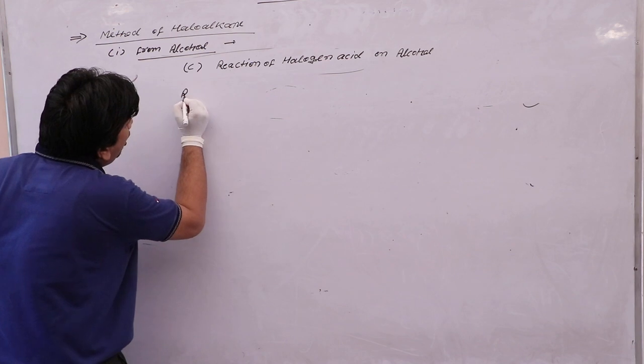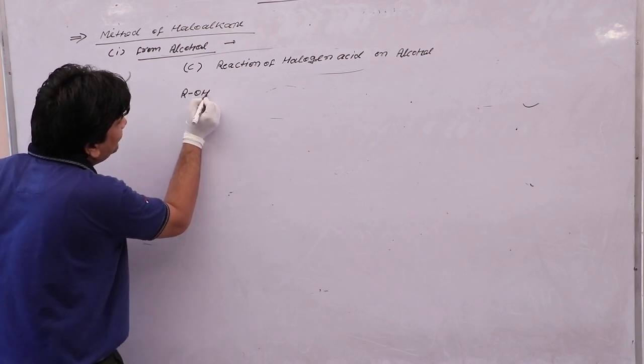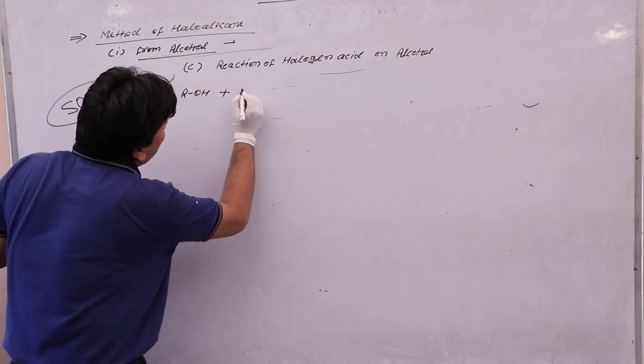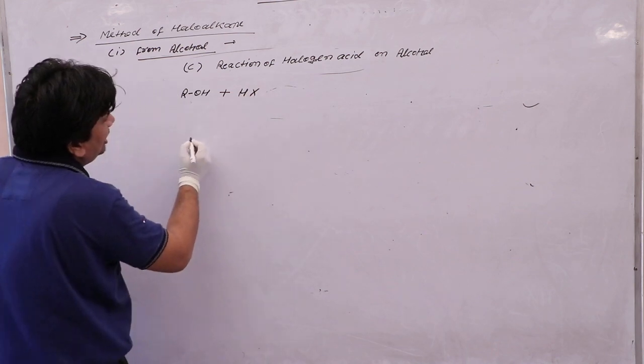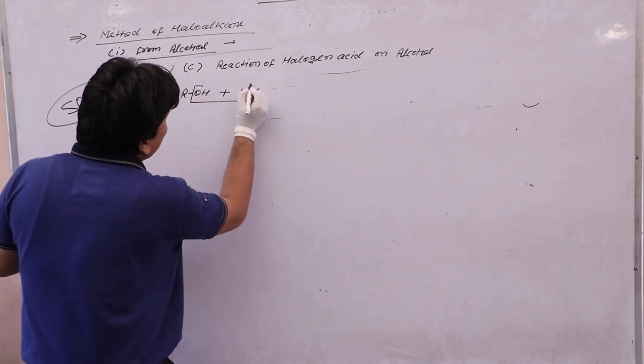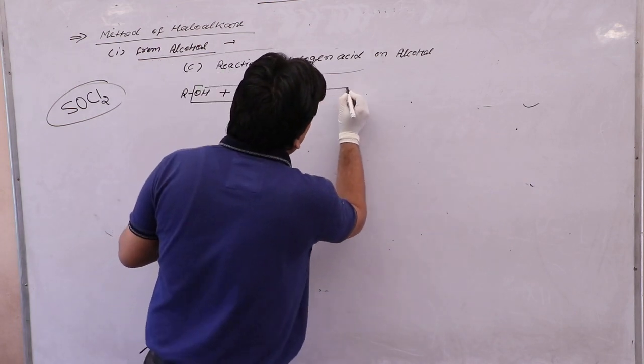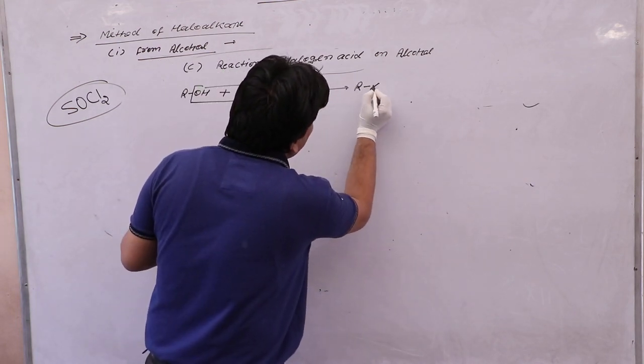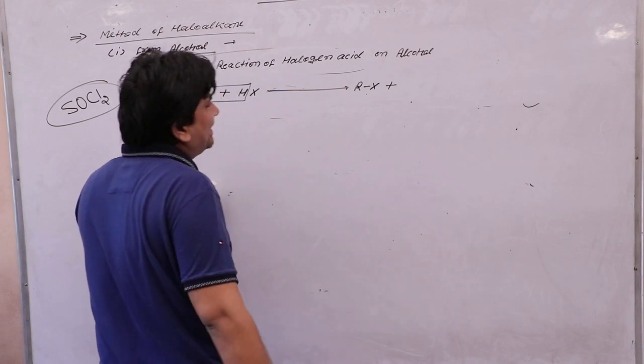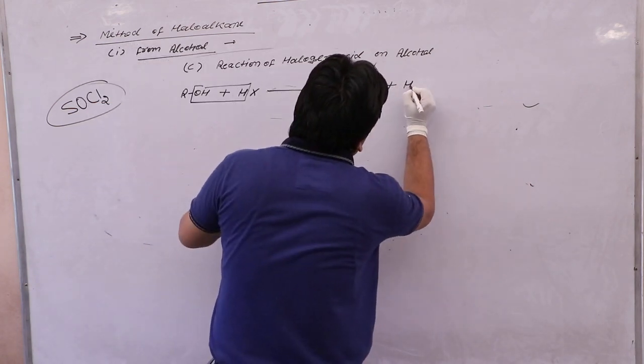If alcohol reacts with a halogen acid, it gives alkyl halide RX and removal of water.